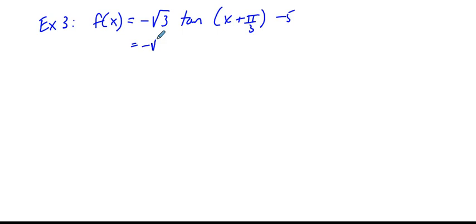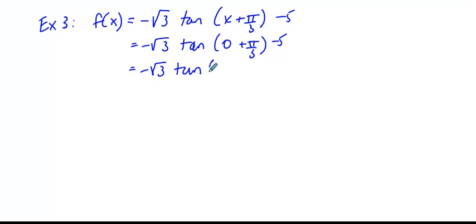Okay, so it's the same thing. Replace x with 0. Simplify. Remember, at some point you need to think about your unit circle or use a calculator, but I'm trying to avoid using a calculator. So there it is. We have to figure out what this is.